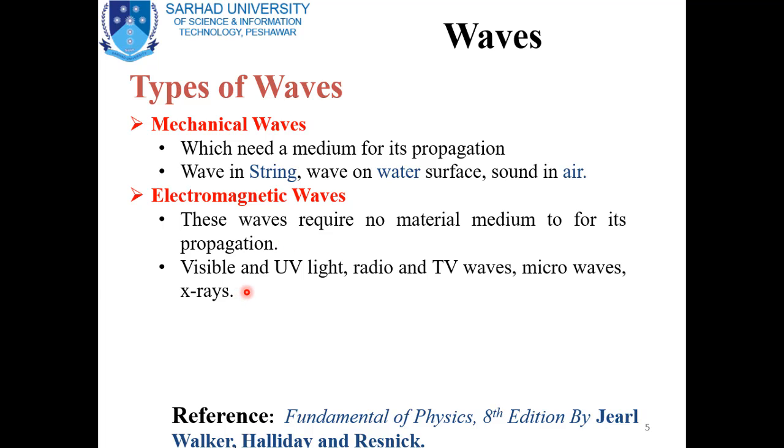The examples of electromagnetic waves are visible and ultraviolet light, radio and TV waves, microwaves, X-rays, and many more. And all the electromagnetic waves travel through a vacuum at the same speed, which is 3 × 10^8 meter per second. The symbol for the speed of light is c, and it is a universal vacuum constant.